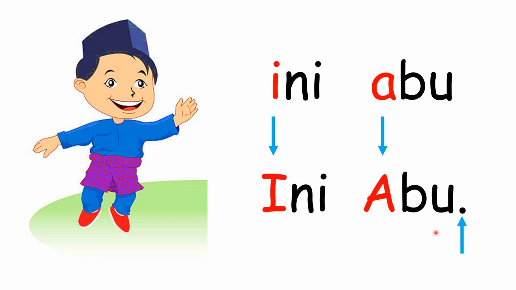And finally, I use a full stop here at the end of the sentence to show that the sentence is finished. So how do we read this? Ini Abu. This is a complete sentence with a capital letter and a full stop at the end.